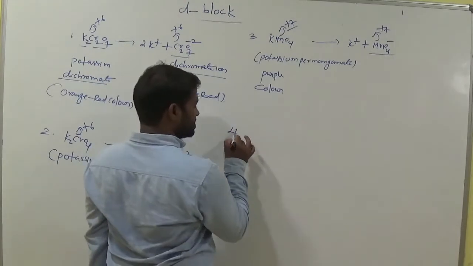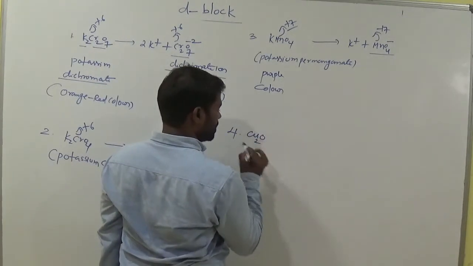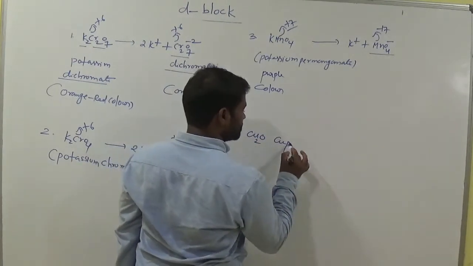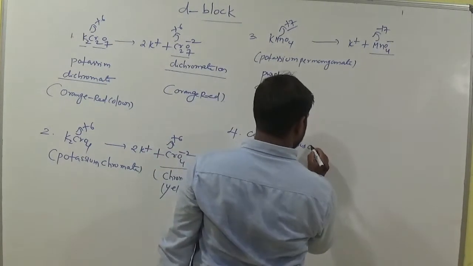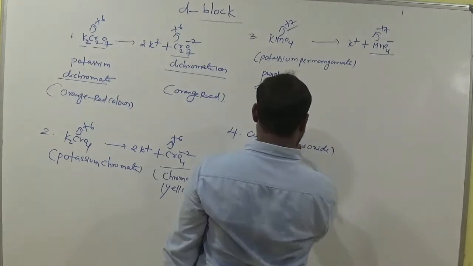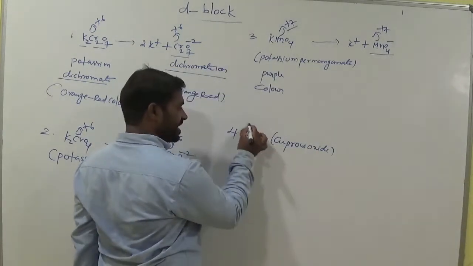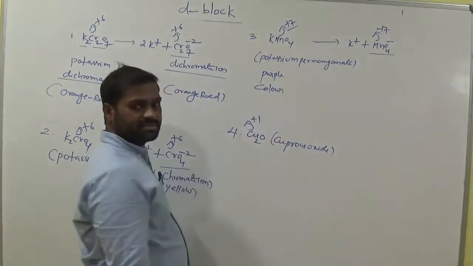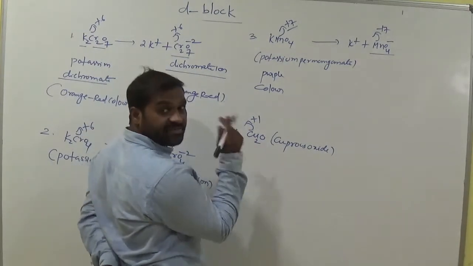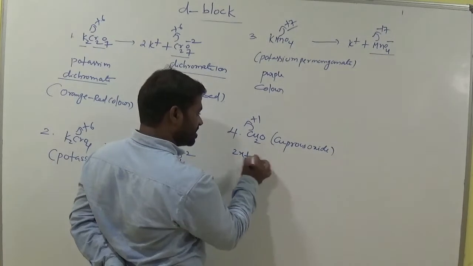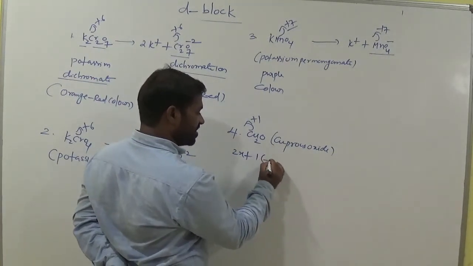And the next one is cuprous oxide, where copper exhibits plus 1 oxidation state. Why? Because how many coppers do we have? 2x. How many oxygens? 1, and oxygen is always minus 2.